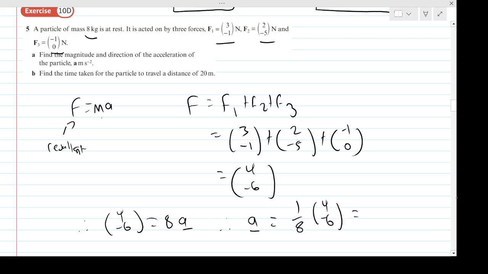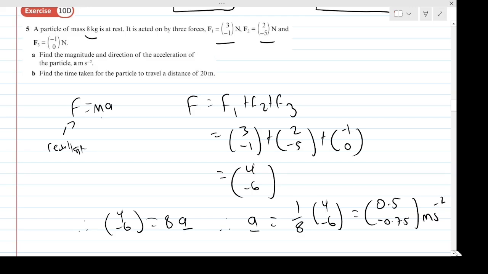If I work that out, an eighth lots of 4 is a half, or 0.5. And then an eighth times minus 6 is minus 0.75. So that's my acceleration vector there, in meters per second squared.